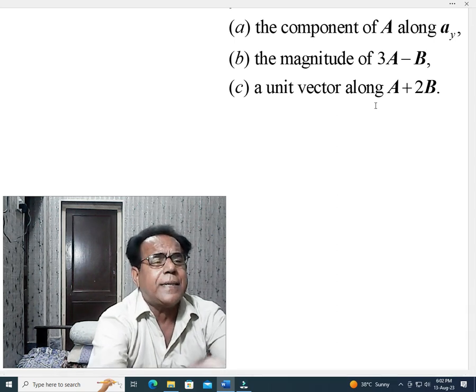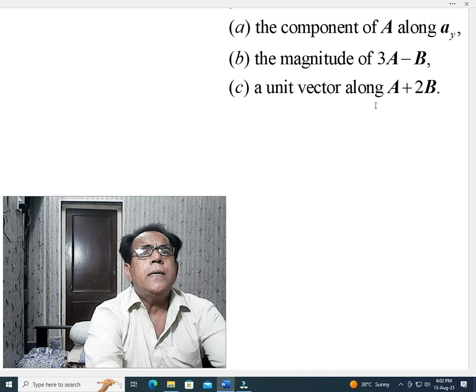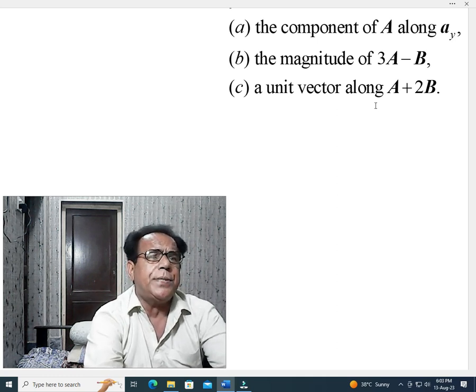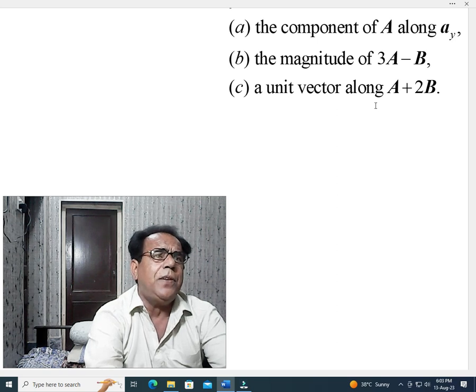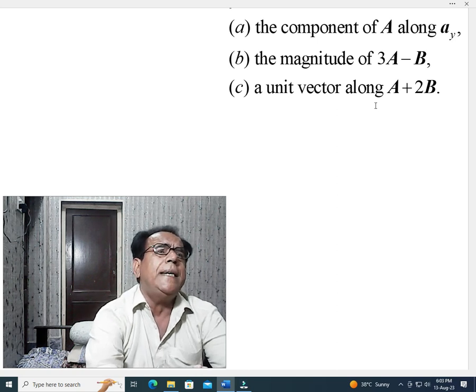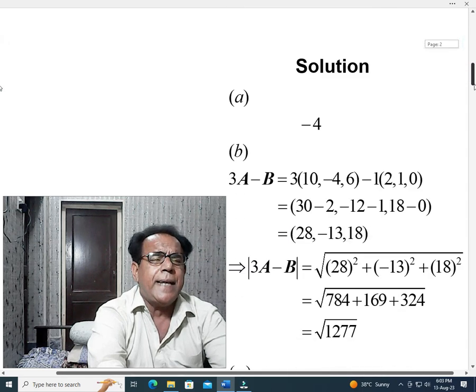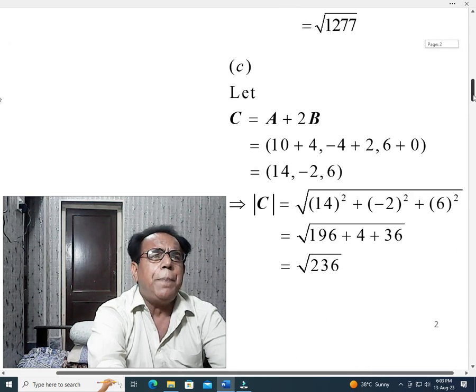For example, if a vector is parallel to the x-axis, then its right side is positive while the left side is negative. If a vector is parallel to a vector along the y-axis, then its upper side is positive and lower side is negative. So along and parallel are different.